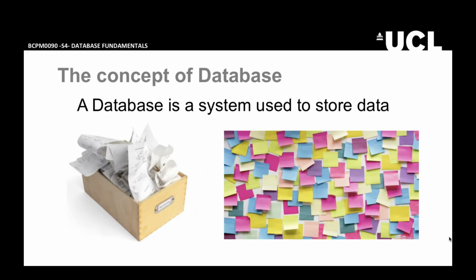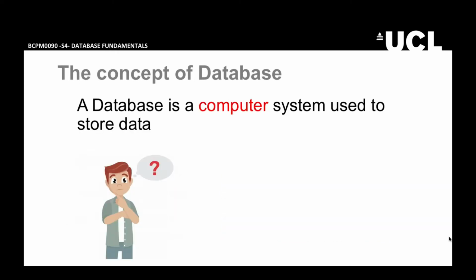According to that definition, these two examples could be considered as databases because actually they are systems which are storing data. So we need to add a term that helps to reflect the degree of digitalization for the data that we are planning to store.